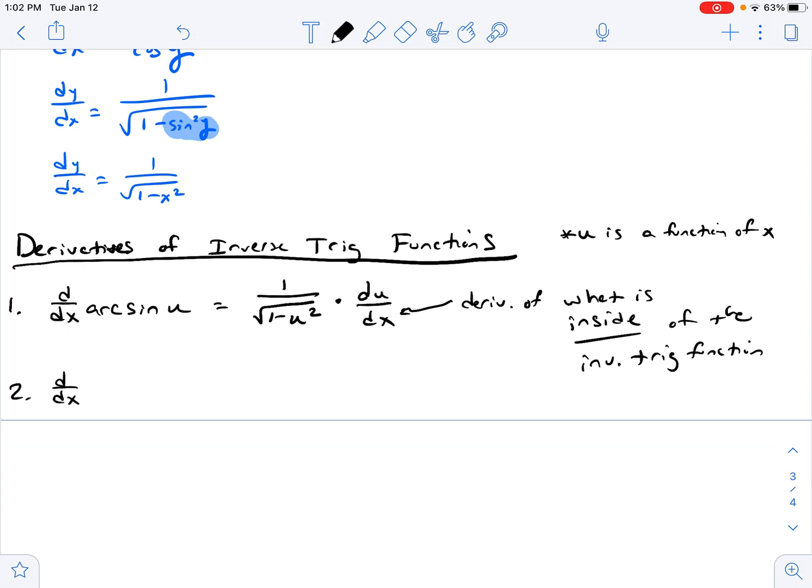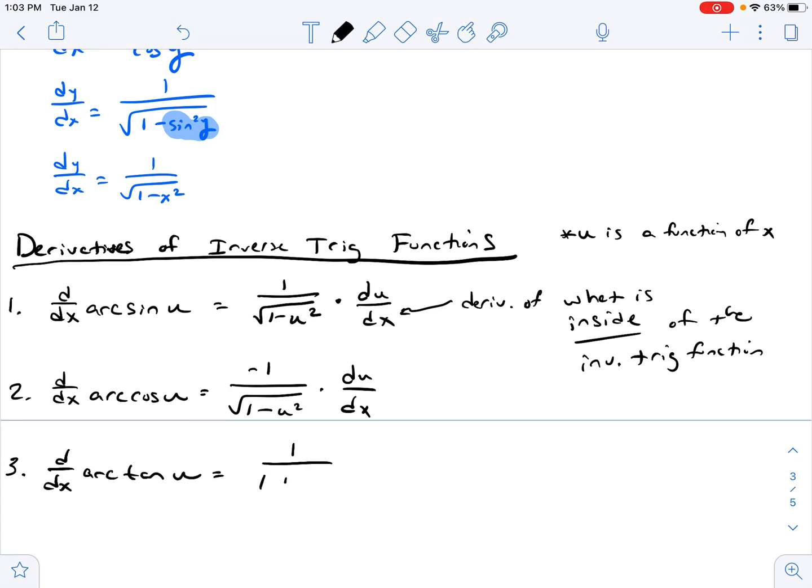Second up, the derivative with respect to x of the arc cosine of u is going to be negative 1 over radical 1 minus u squared times du over dx. Okay, it's basically the same as inverse sine, but comes back negative. Third, the derivative of the inverse tan function, arc tan u here, is going to be 1 over 1 plus u squared times the derivative of u with respect to x.